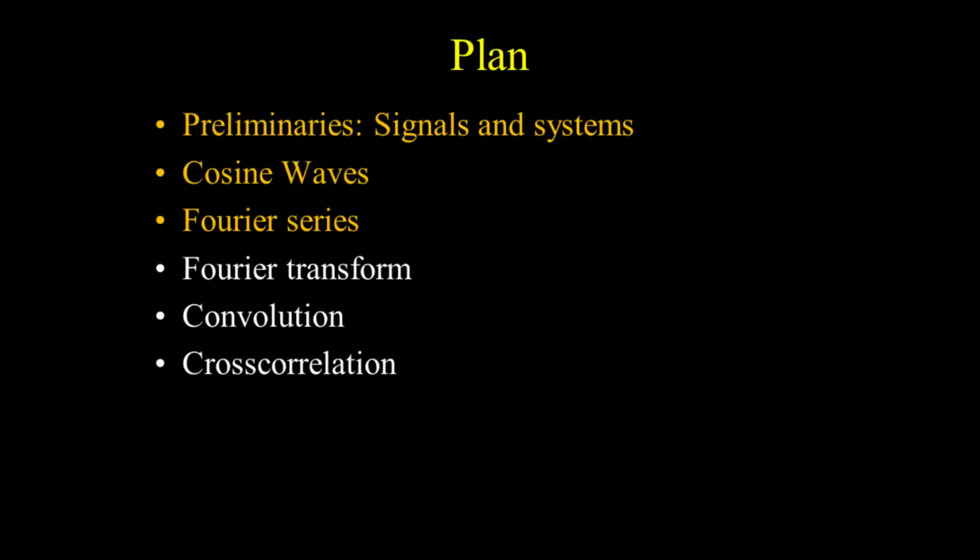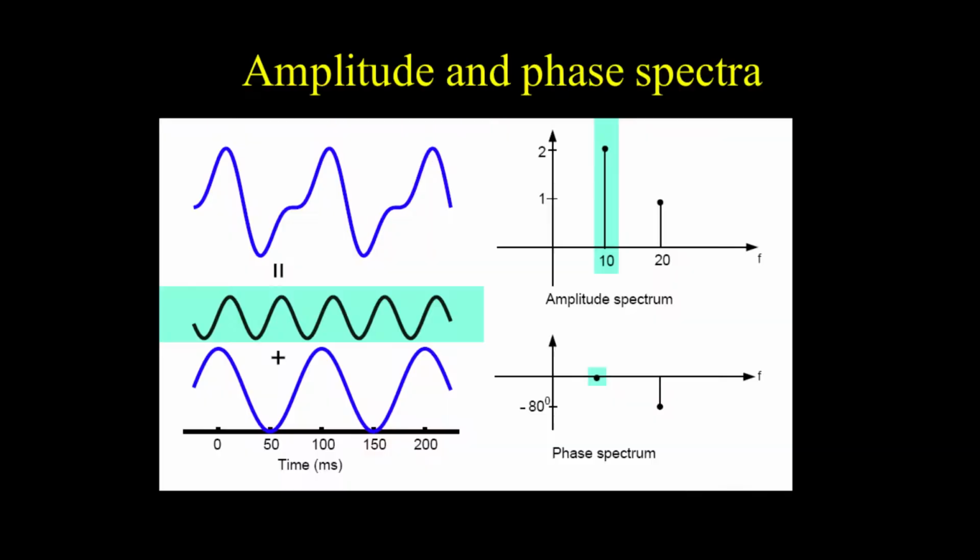Finally, let's turn to Fourier series and Fourier transforms, which are the main topics of this lecture. We will start with the Fourier series. Adding cosine waves produces a signal whose character depends upon the frequency, amplitude, and phase of each cosine wave.